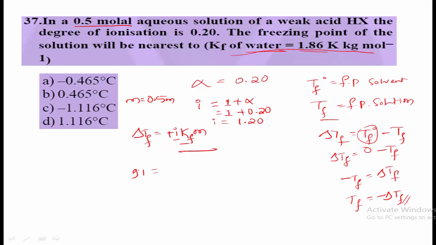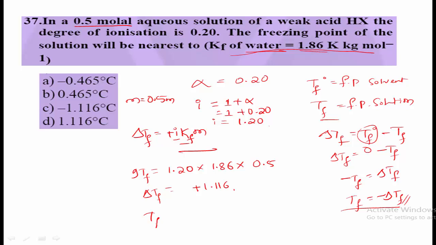What will you get? Delta Tf is equal to 1.20 into 1.86 into m, which is 0.5. On substitution and multiplying, you will get plus 1.116, that is delta Tf. So what do you want? Tf.